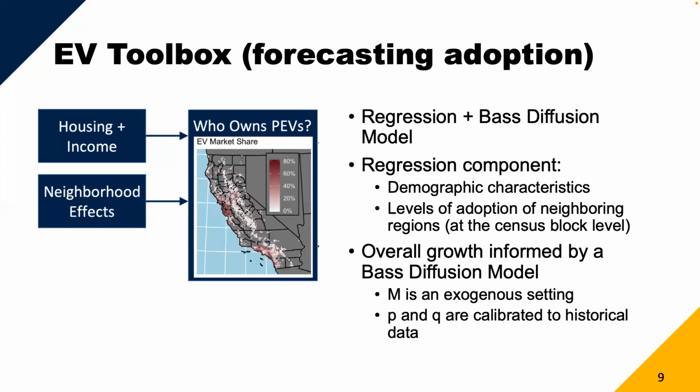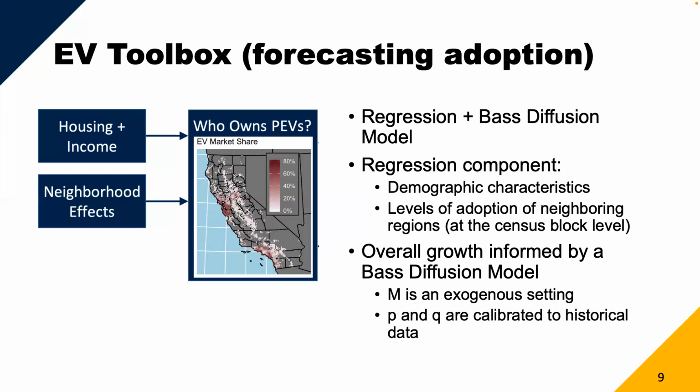So if I draw a curve here, this is time and volume of vehicles sold. The way it works is you have some kind of curve like this, and this is what we can see from historical data.